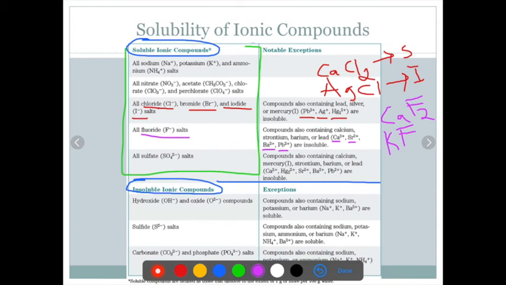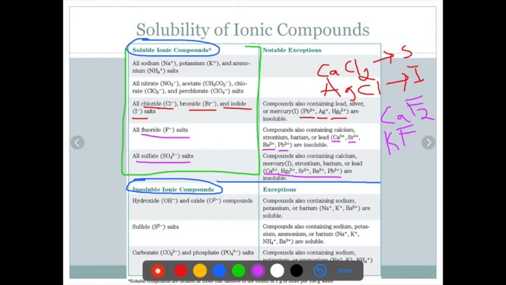Now that would be soluble. You just have to look at what's in your compound and use the table to figure out if it's soluble or insoluble. Then sulfate ions are soluble, and it has the same exceptions fluoride had, except also mercury 1 is in that list. So calcium, mercury 1, strontium, barium, and lead 2 all make it insoluble.